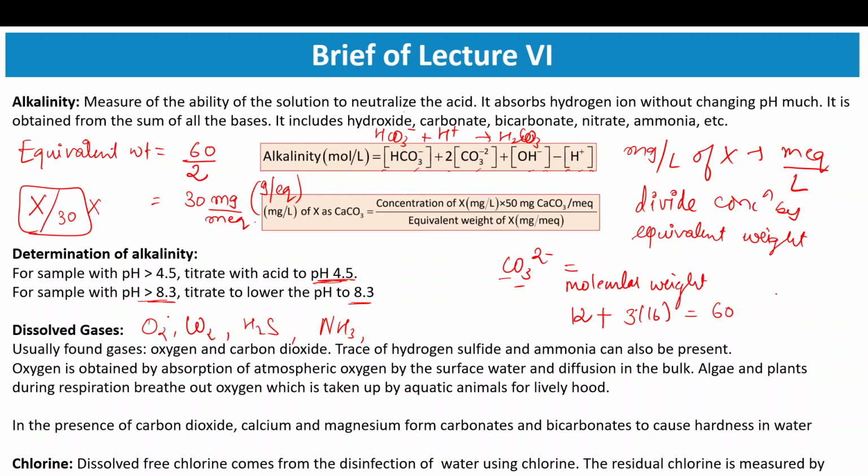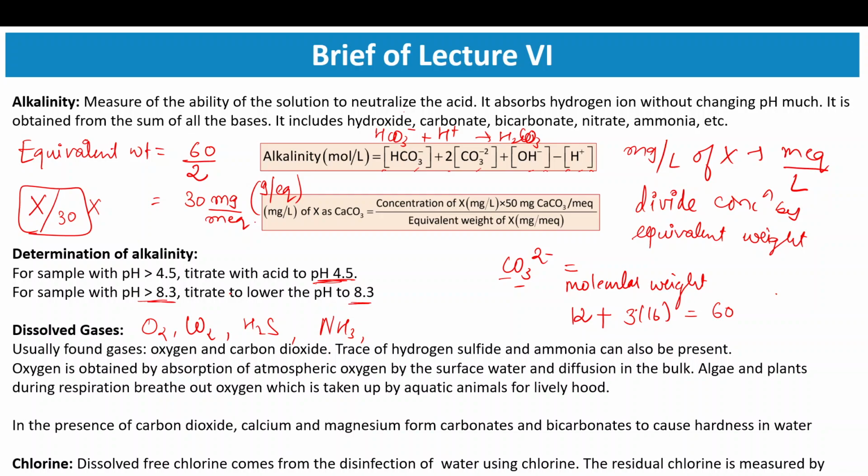If we talk about oxygen, oxygen is present in the atmosphere at 21%. You would know that there is some solubility of everything. Even gases have certain solubility in water. Salts also are soluble in water.